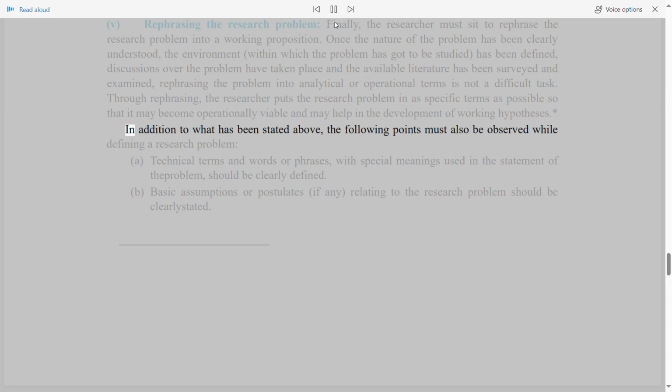In addition to what has been stated above, the following points must also be observed while defining a research problem. A. Technical terms and words or phrases with special meanings used in the statement of the problem should be clearly defined. B. Basic assumptions or postulates, if any, relating to the research problem should be clearly stated.